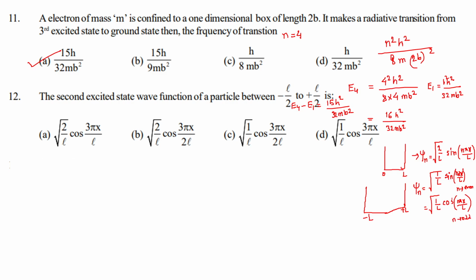So it is in the second excited state. Can you tell me what is the n? Second excited state means n equals what? Those who are listening, can you tell me second excited state means here n equals what? We have just discussed in the previous question, right? What does the second excited state refer to?